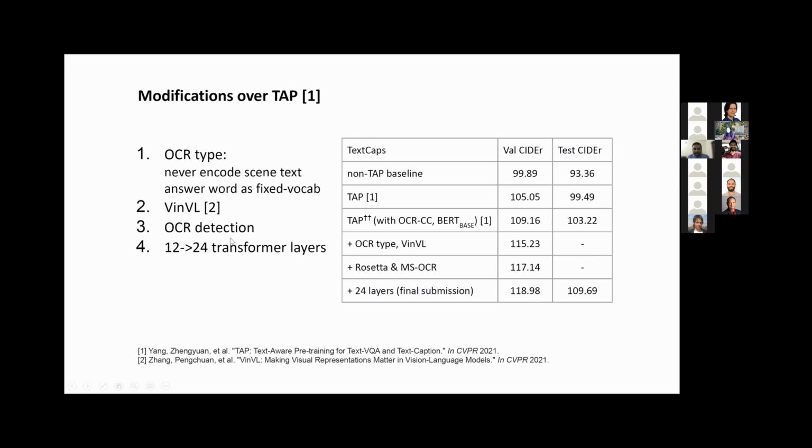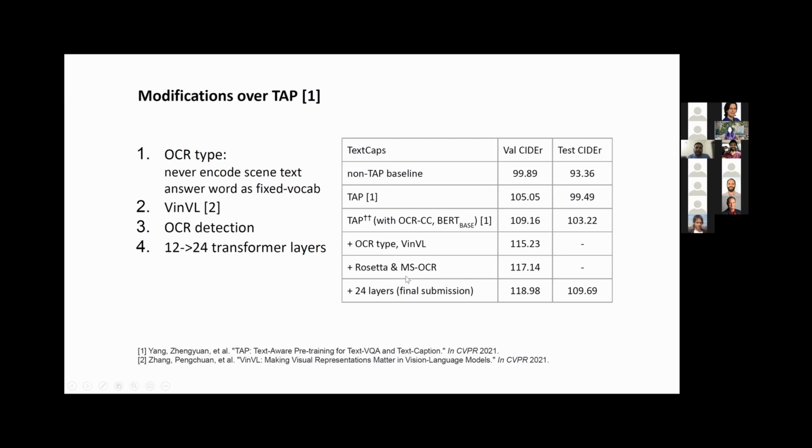For the OCR detection in our CVPR 2021 work, we used the Microsoft OCR, the OCR detector built by our team. The result is pretty good, but we still see some failure cases which couldn't be detected by the Microsoft OCR. So in this challenge, we used a second OCR detector, Rosetta, which is from Facebook, and we combined both OCRs together.